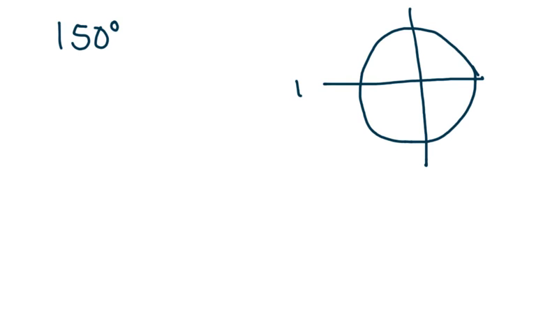We know that this is 180 degrees, so 150 degrees is right about here. And if you know your main numbers for the unit circle, they're root 3 over 2, 1/2, and root 2 over 2. And I probably should put the 1/2 first. Let me put these in order.